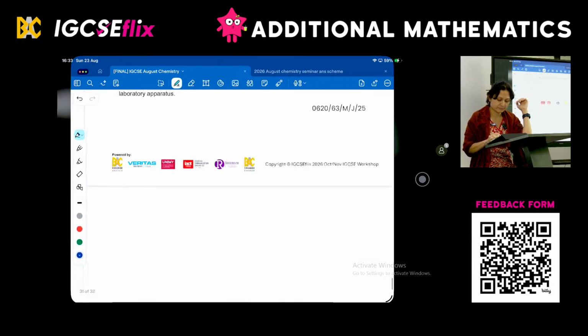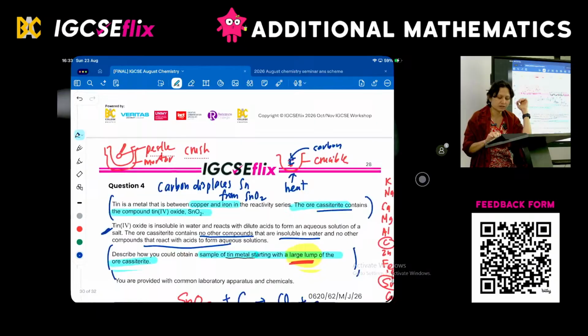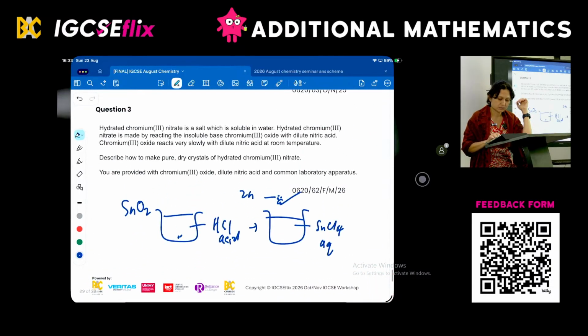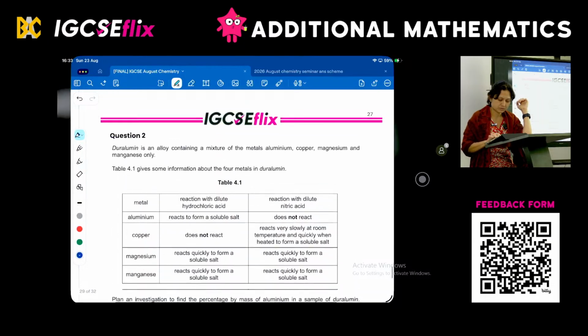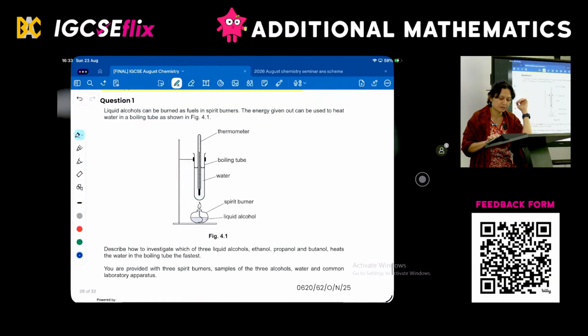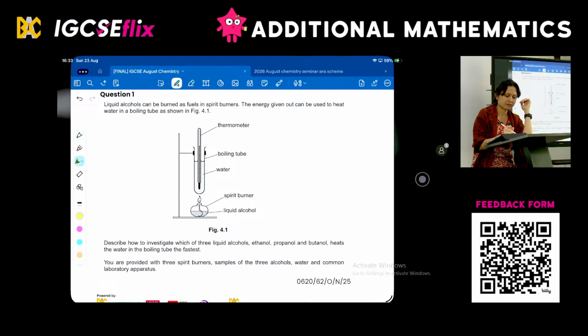Okay. We do something with variables, okay? Question 1 is with variables. Read question 1.